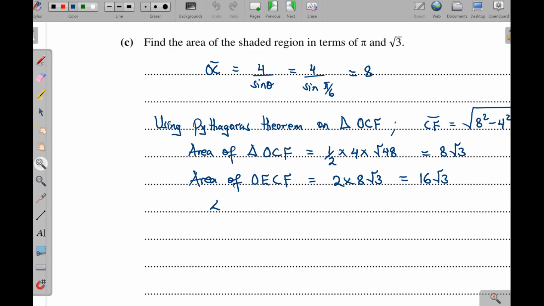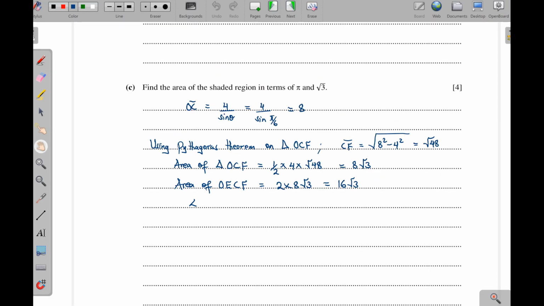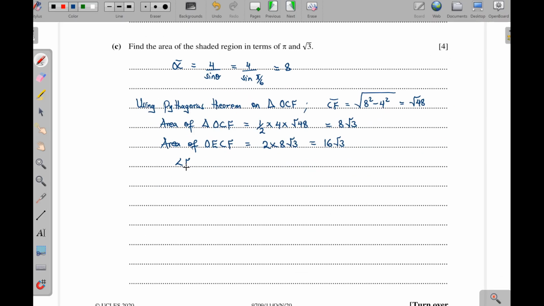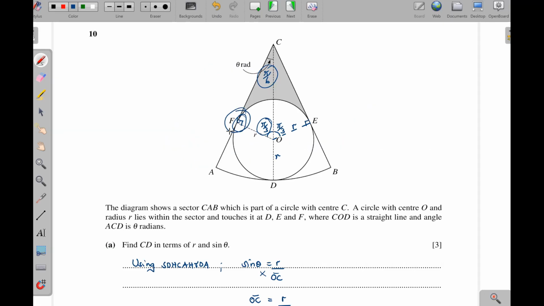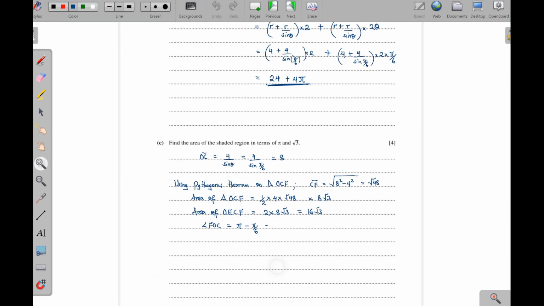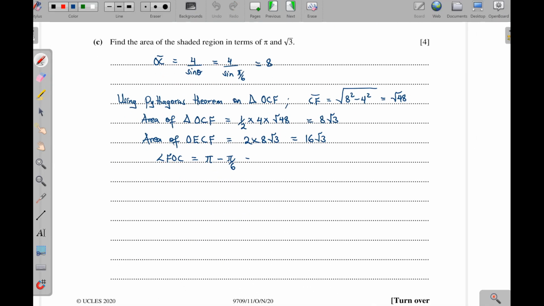Angle FOC is going to be equal to pi, 180, minus the other pi over 6. There is this 90 and then this one, okay? Sorry. We shall have minus also 90, which is pi over 2. So meaning you get pi over 3.